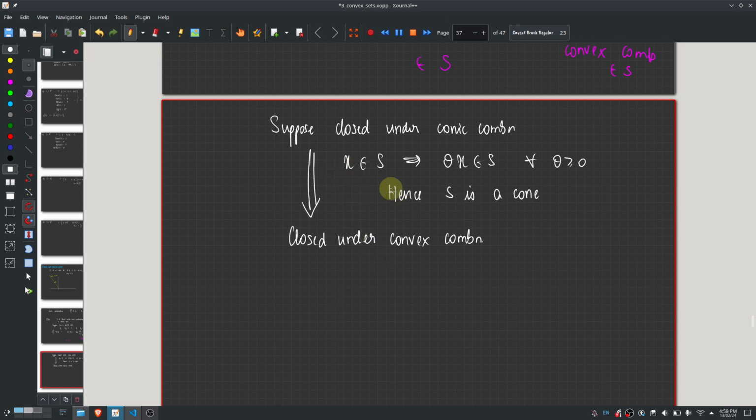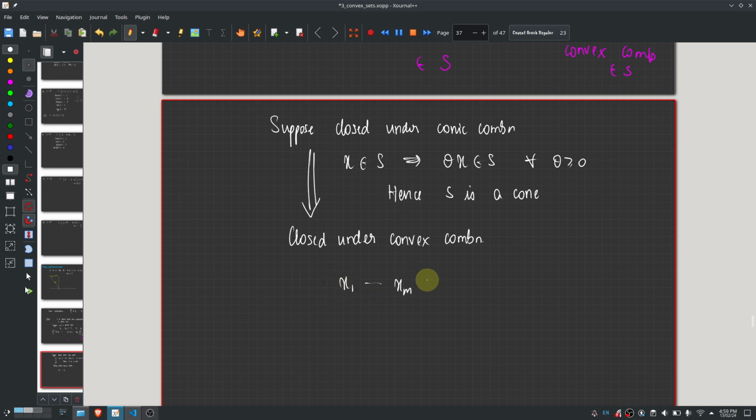Well, take any convex combination. Every convex combination is also a conic combination, right? I'm saying that all conic combinations also lie inside S. So take any x1 through xm.